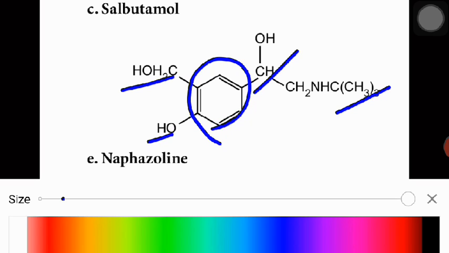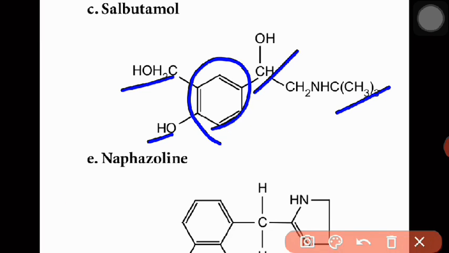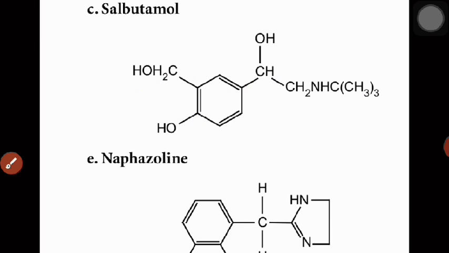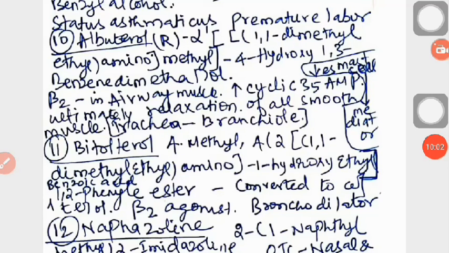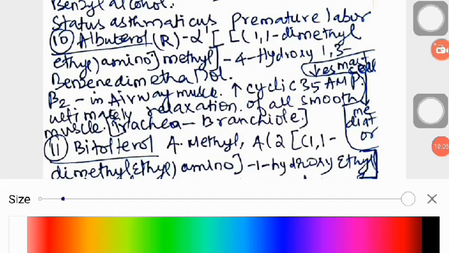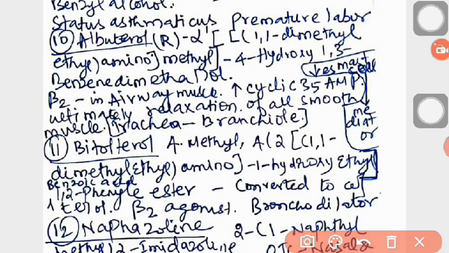Then there is a hydroxyl group at the fourth position, and it is given here. So the chemical name is as follows. Okay, so it is alpha R, a stereochemically important center is there, and it is alpha, dimethyl ethyl amino methyl, 4 hydroxy, 1,3 benzene dimethanol.